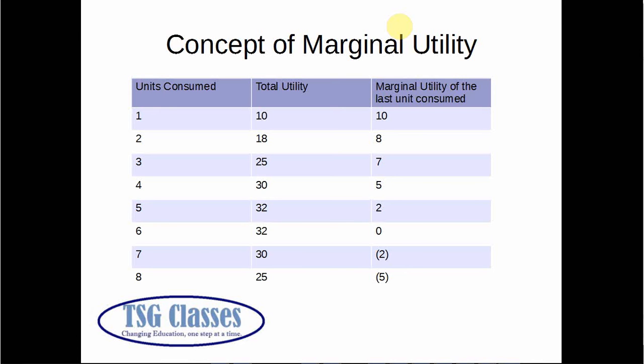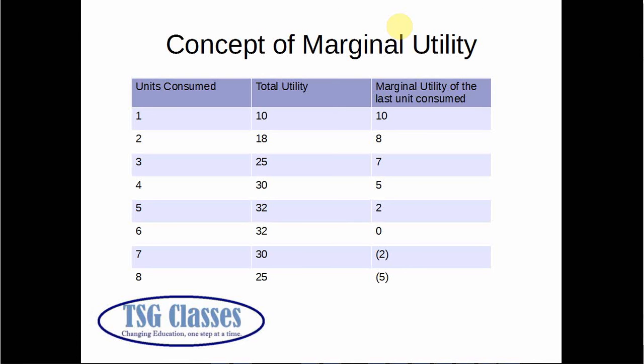If you consider an example, say you're very hungry and you want to have pizza, so there are multiple slices of pizza. If you're very hungry, the first slice of pizza will give you immense pleasure. It will satisfy your hunger, and the utility that you derive out of eating that slice of pizza would be higher. You will of course have the second slice as well, depending on your appetite.